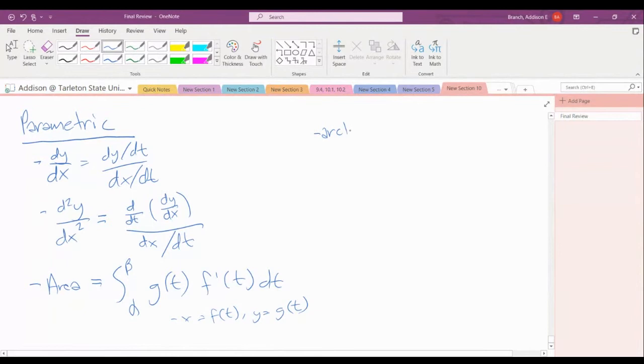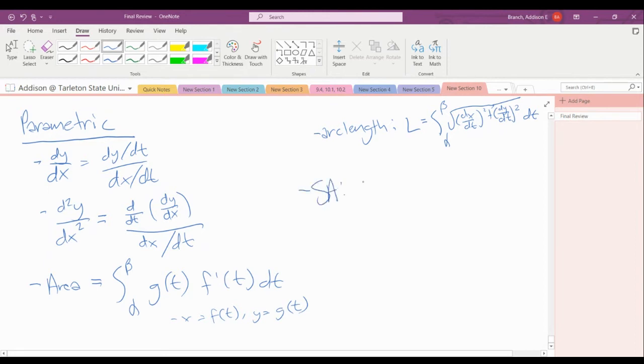Arc length. This one is actually low-key maybe even simpler in parametric. You go from alpha to beta, square root of dx squared plus dy squared, all under a square root. And then lastly, there is surface area of a revolution.